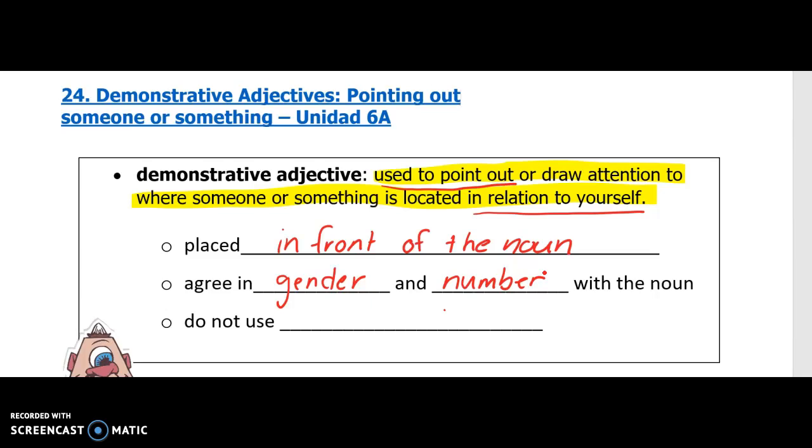And because they're used to point out something specific, just saying like el pupitre isn't good enough. It's not just the desk. It's specifically this desk or that one over there. So because we are pointing out a specific, not a general, you are not going to use the definite article.